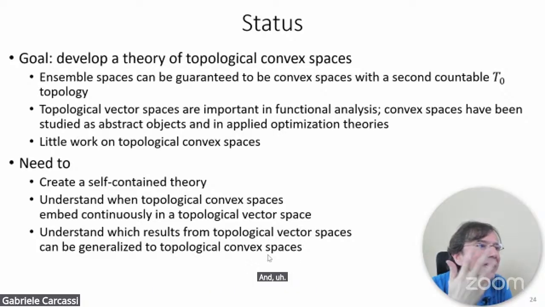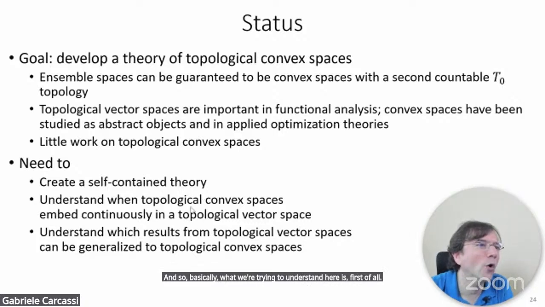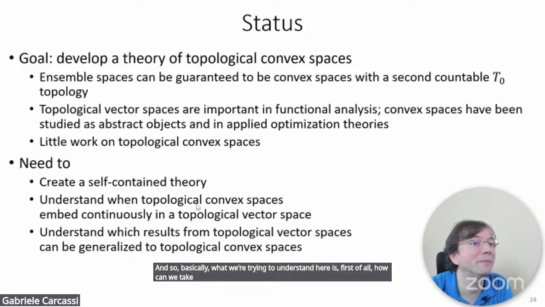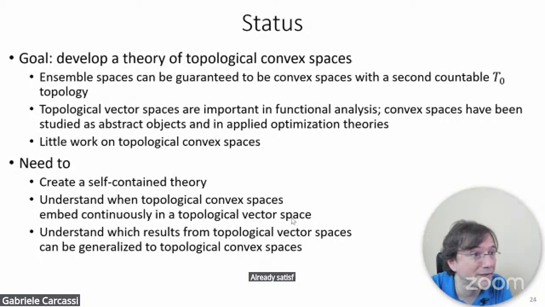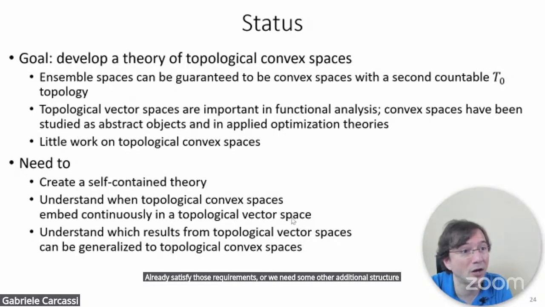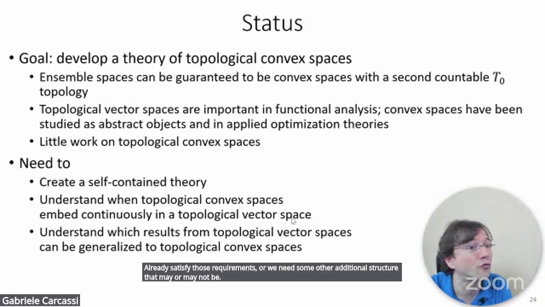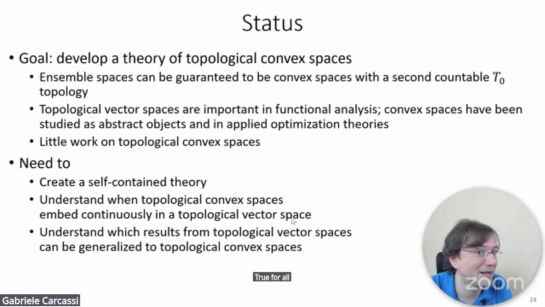And so basically what we're trying to understand here is, first of all, what are the necessary and sufficient conditions for a topological convex space to embed in a topological vector space, and whether ensemble spaces already satisfy those requirements, or we need some other additional structure that may or may not be true for all physical theories.